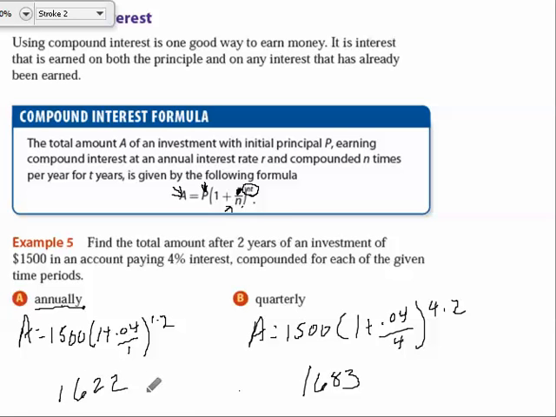Now, we're talking a difference of $61 here. But the whole point is, you didn't do anything different. You either put the money in this bank or you put the money in that bank, and in this one you made $61 more. Does that make sense? Sure. It's a difference of knowing whether they're compounding it quarterly or annually with the same interest rate. No differences there at all.